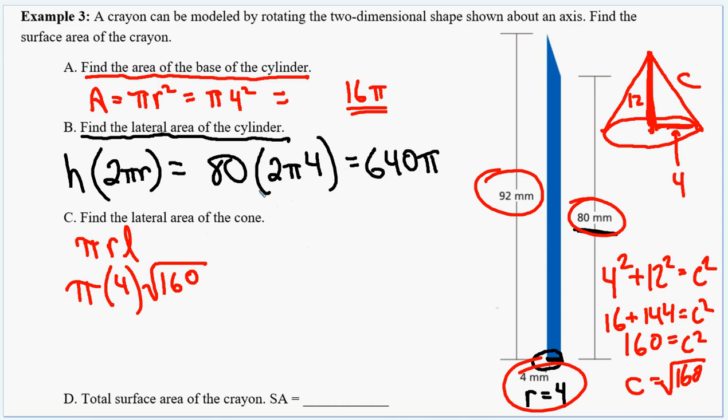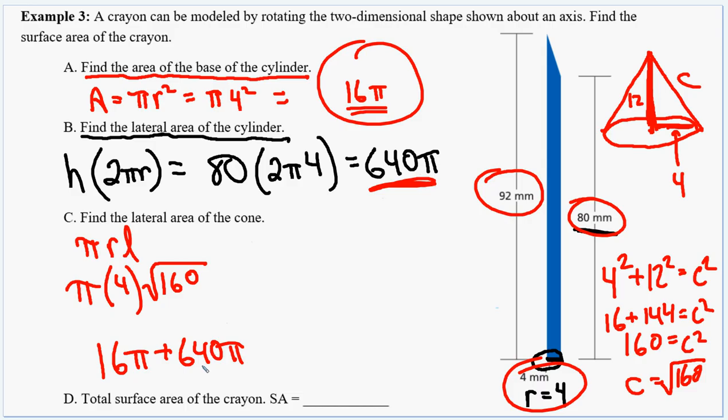And we're going to add all of these together. So I've got my 16 from part A, 16 pi. And then I've got my 640 pi from part B. And then I've got here 4 pi times the root of 160.